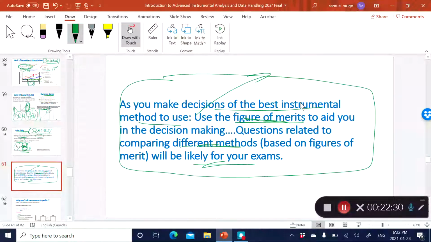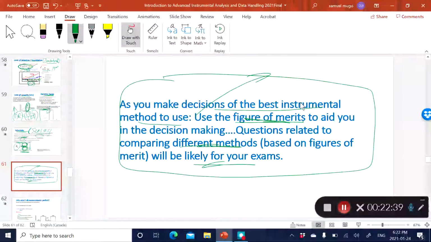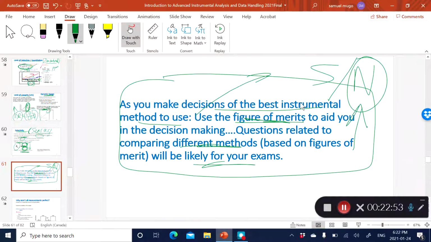Now, in the next lecture, we're going to talk about noise. You remember all we've been talking about is instrument response. An instrument response comprises the signal, which is what you are interested in. But unfortunately, as we said, every instrument has noise in it, and noise accounts for the random errors.